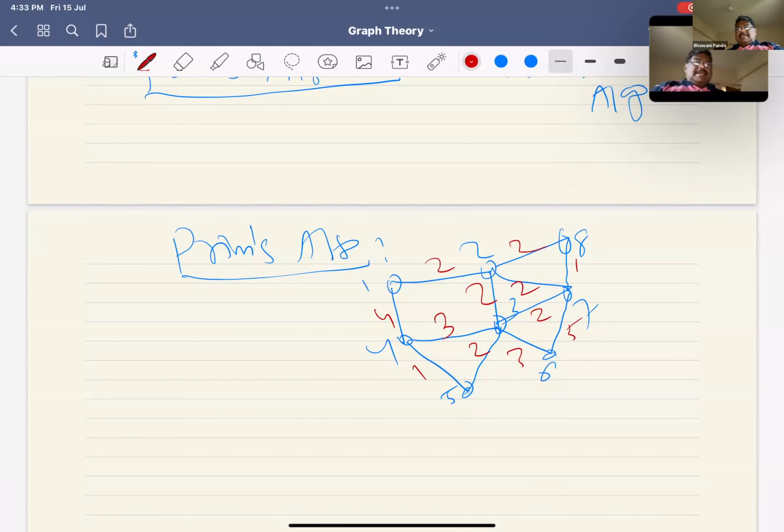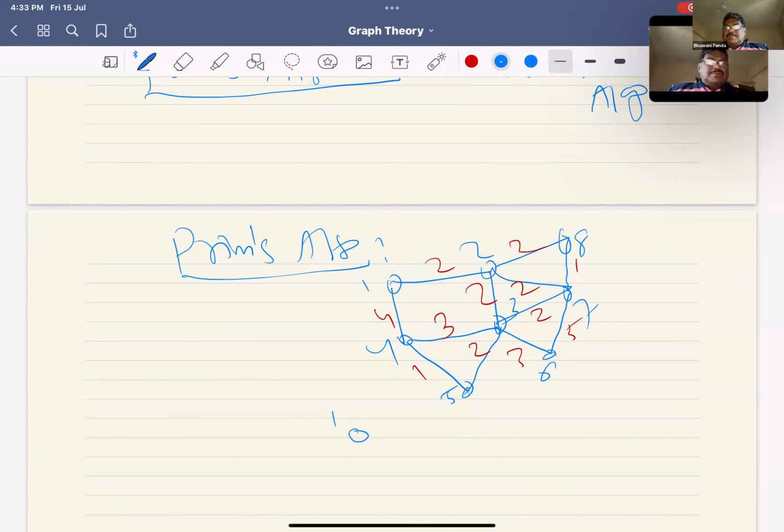The idea is that you start with any vertex, maybe say 1, and from 1 you grow a tree; when it contains all the vertices, it becomes a spanning tree.